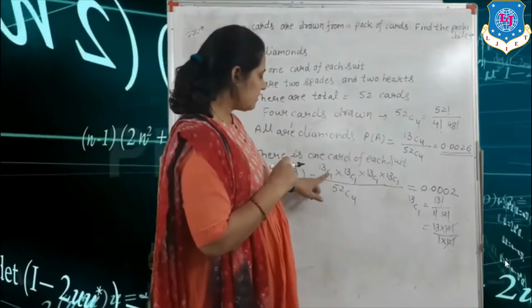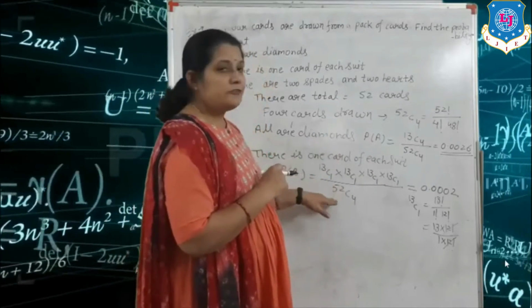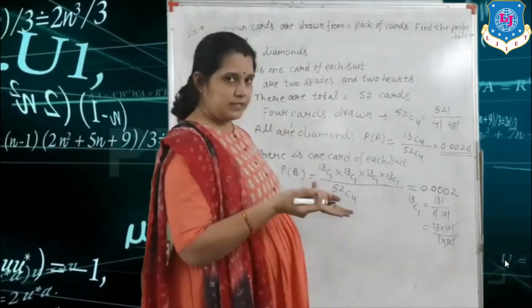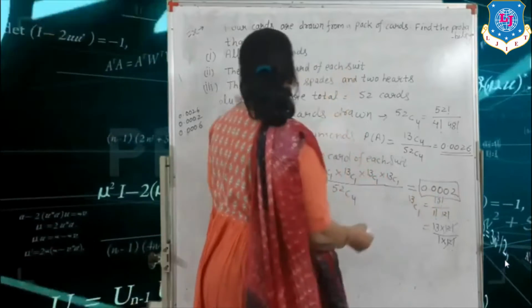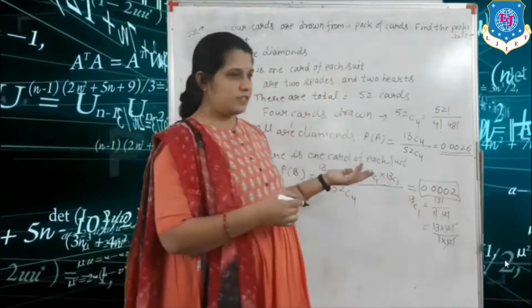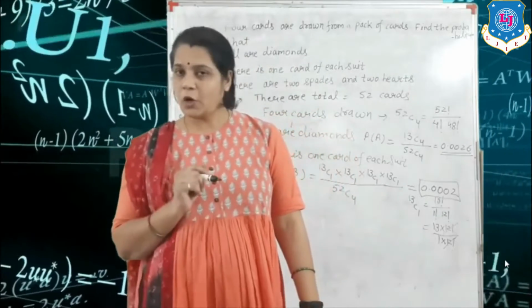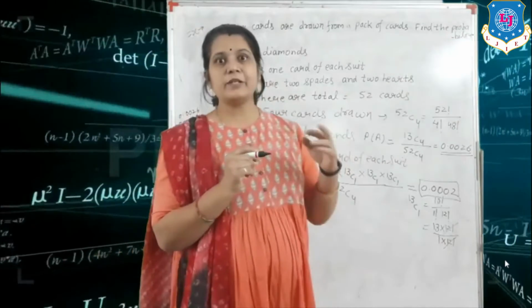So 13 into 13 into 13 into 13 divided by 52C4. After solving this term, we get the probability of one card of each suit is 0.0002.